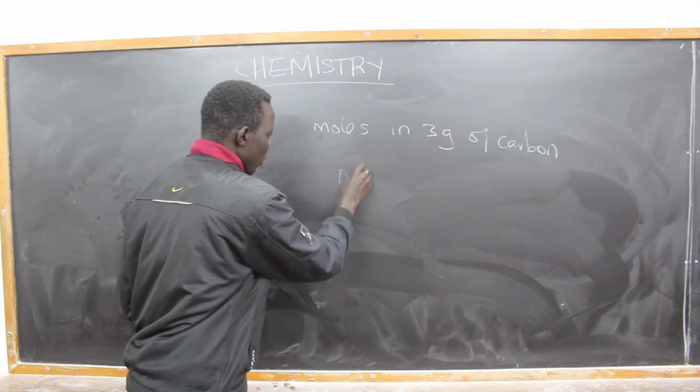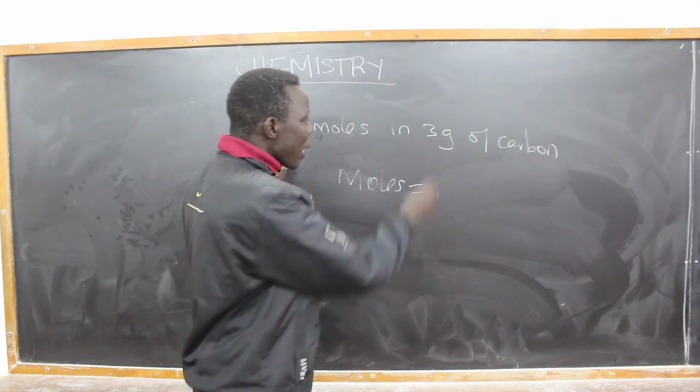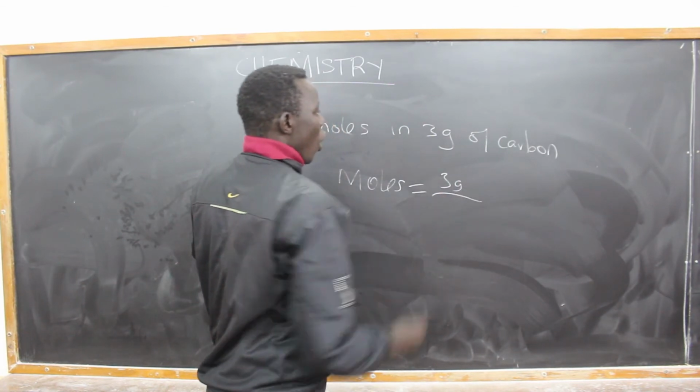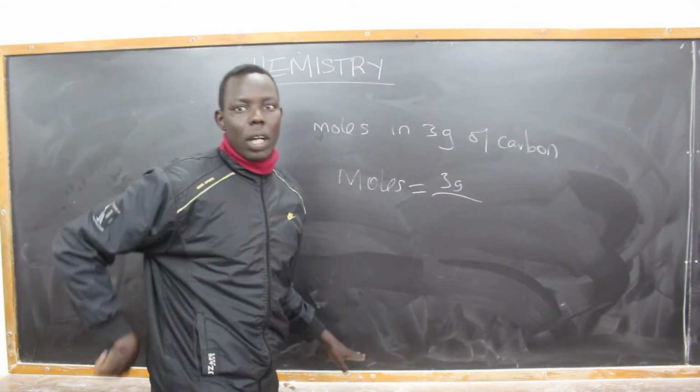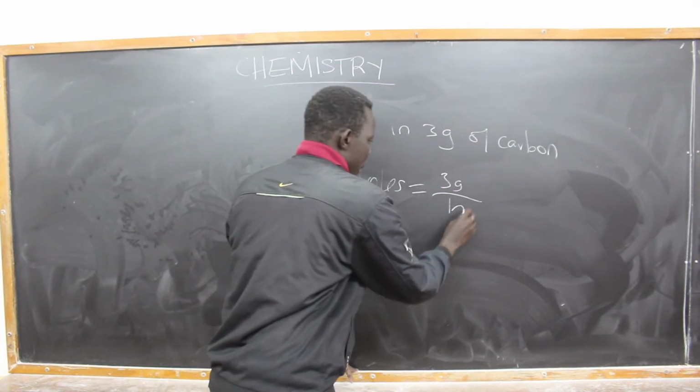So moles is given by mass, which is 3 grams, over the molar mass of carbon. What is C? C is always 12, so 3 over 12.